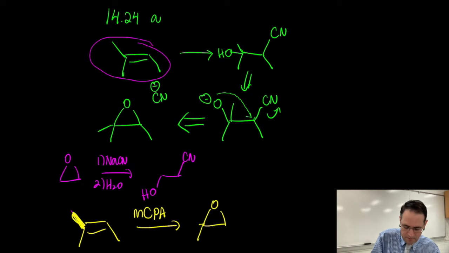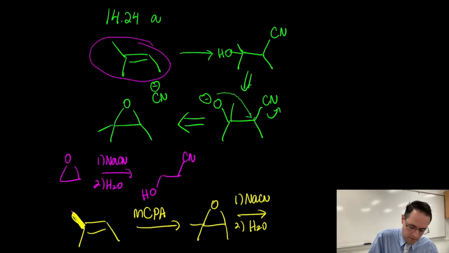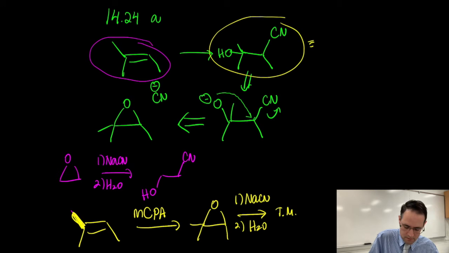MCPBA is a nice peroxy acid that can synthesize an epoxide. And then we treat this with sodium cyanide followed by water, and we'll get the target molecule. This molecule right here is the target molecule. Okay? So think backwards.